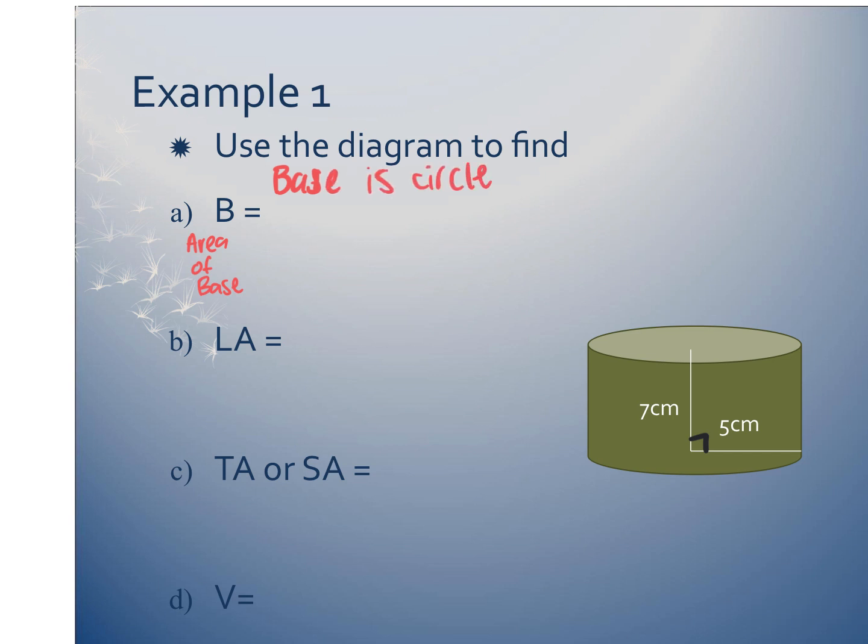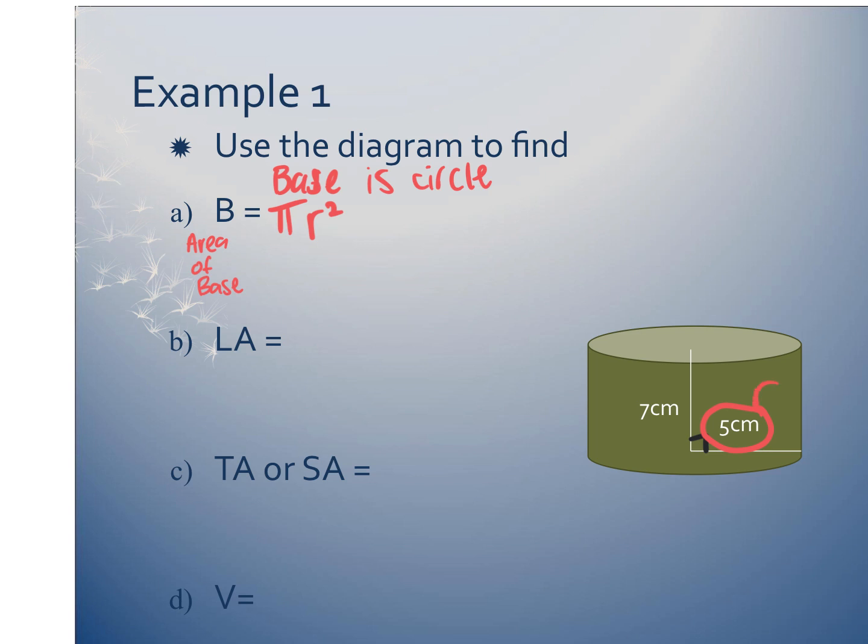So if we're finding the area of that circle, we need to use the area formula for a circle. What is the area formula for a circle? Pi r squared. So we're going to say the area of the base is pi r squared. Which of those segments is the radius, and how do you know? 5 centimeters. Why is it 5 centimeters? Because it's perpendicular to the height.